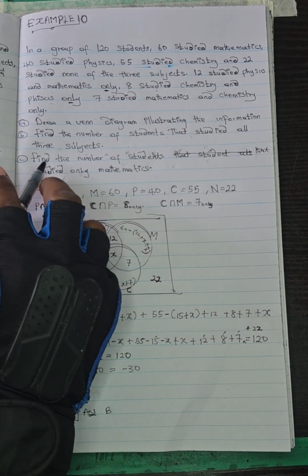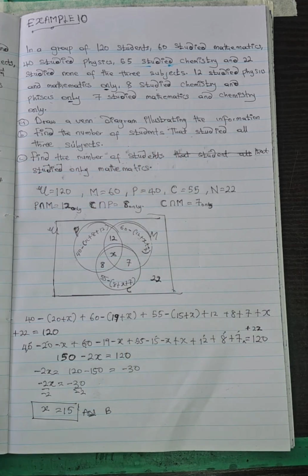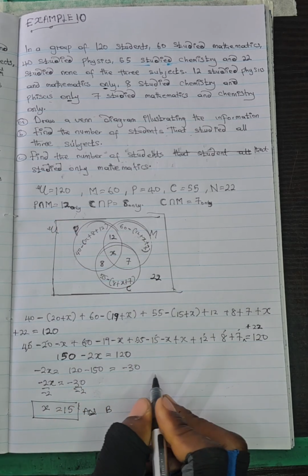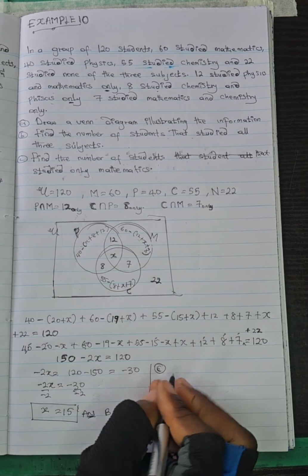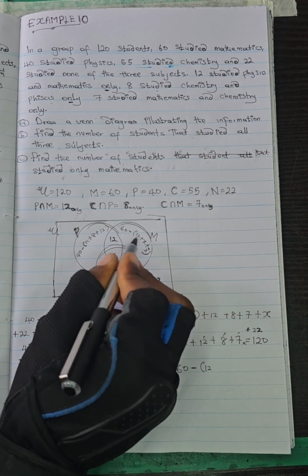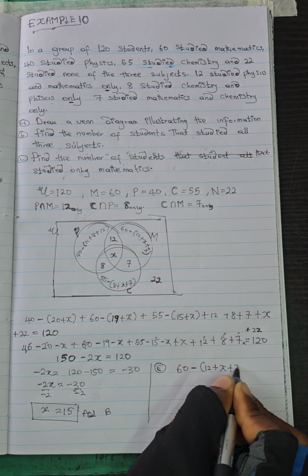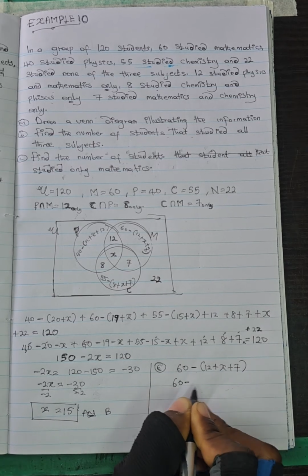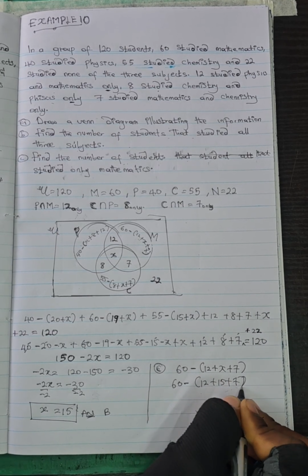Then for C, find the number of students that studied only mathematics. Mind you, this is our expression for only mathematics. We're trying to solve for C now. And our expression for this is 60 minus 12, for those that can't see this thing, this is 12, plus x plus 7. So we already know that our x is what? 15. So it will be 60 minus 12 plus 15 plus what? 7.